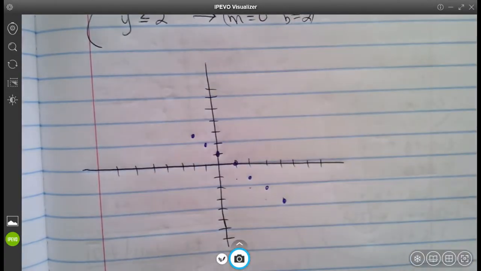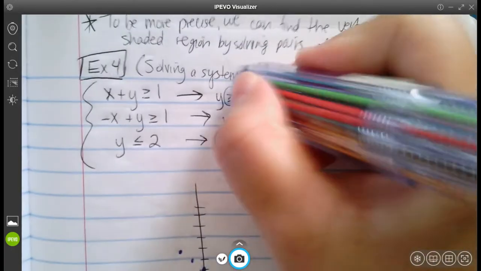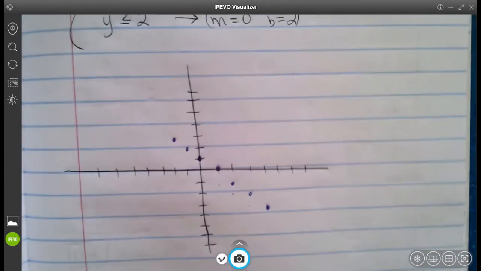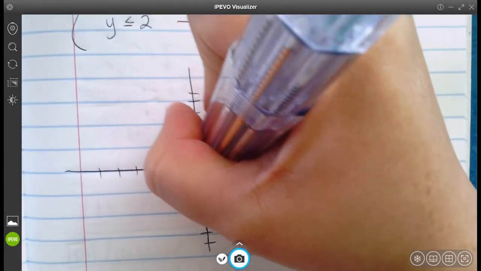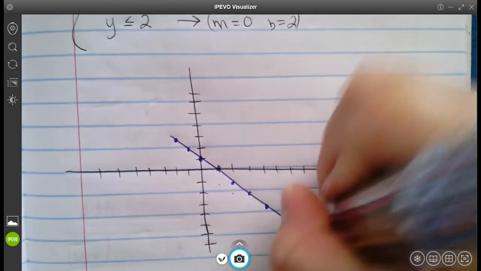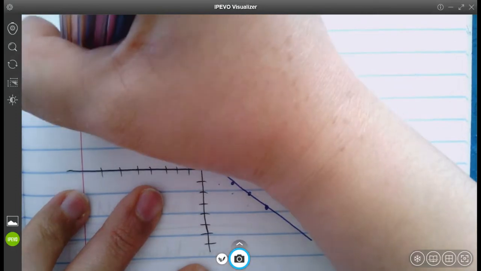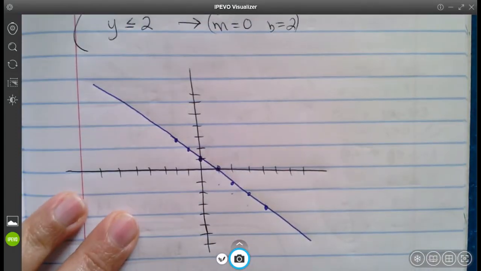According to the inequality this is going to be a solid line, so I'm going to connect this line like so. If you have a straight edge or a ruler, that would be great. So there's that first line.